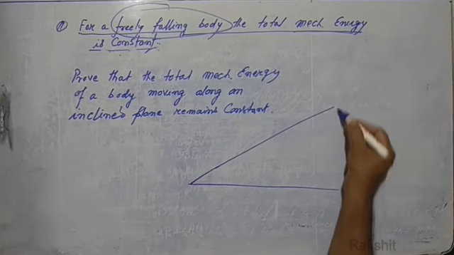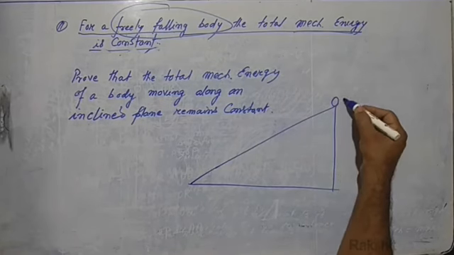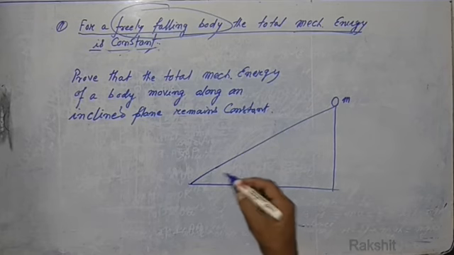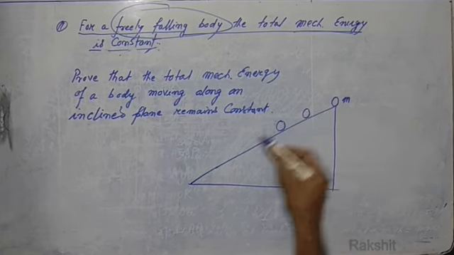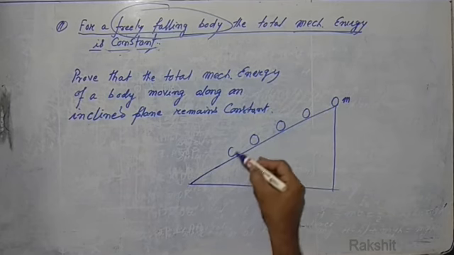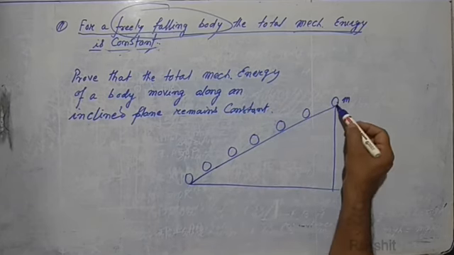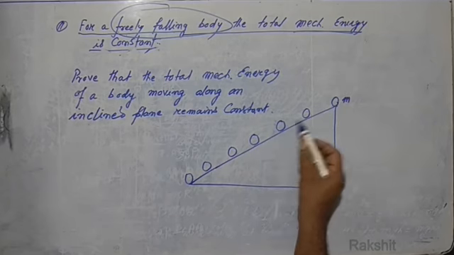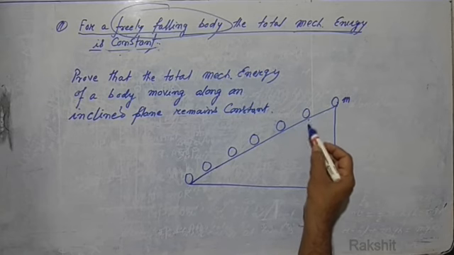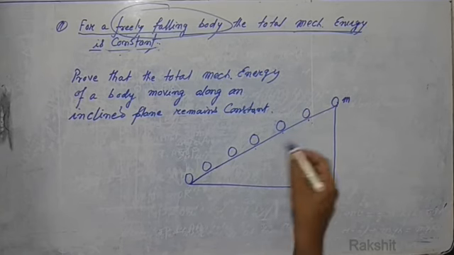this plane is an inclined plane, a ball of mass m rolls down along this inclined plane, and you have to prove the total mechanical energy at this point is equal to the total mechanical energy at any intermediate point. This may be this or this or any one of these positions.